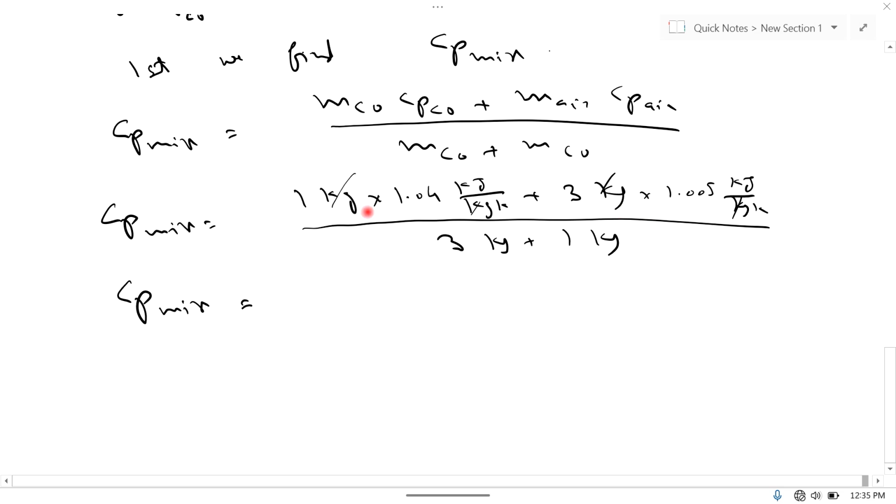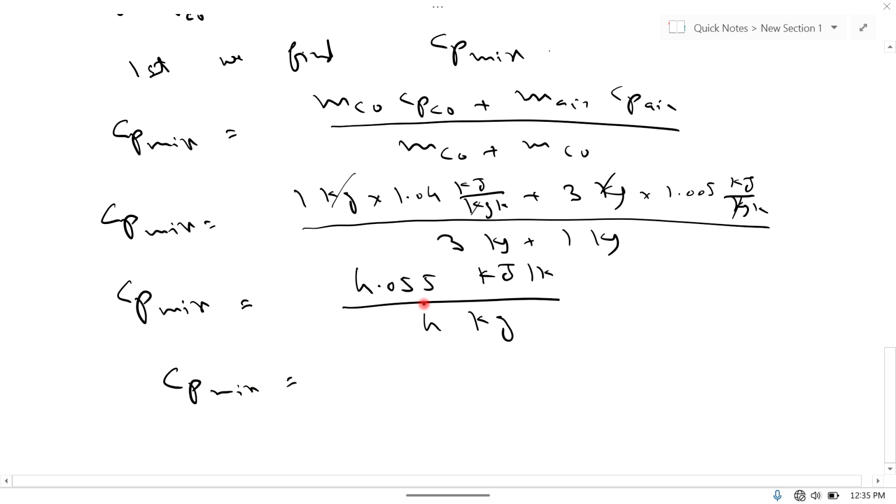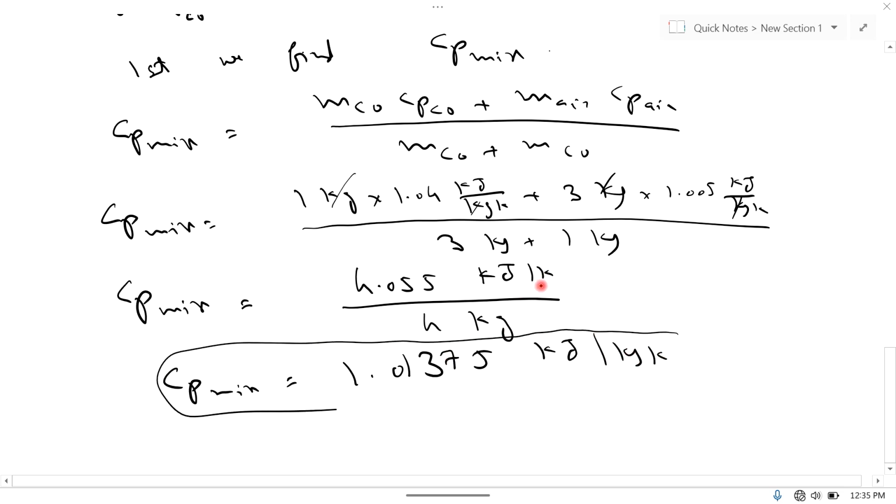This simplification is very simple, not difficult. So 4.055 kilojoule per Kelvin divided by 4 kilogram. So Cp of the mixture will be 4.055 divided by 4, which is 1.01375 kilojoule per kilogram per Kelvin. This is per kilogram, this is per Kelvin.